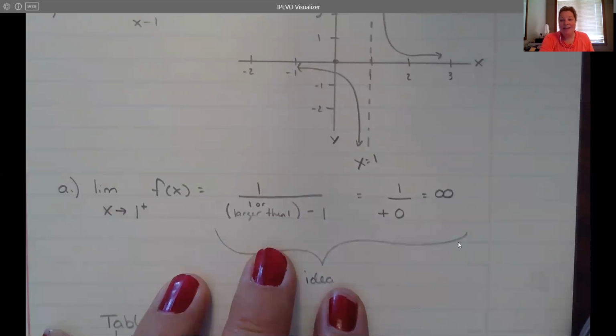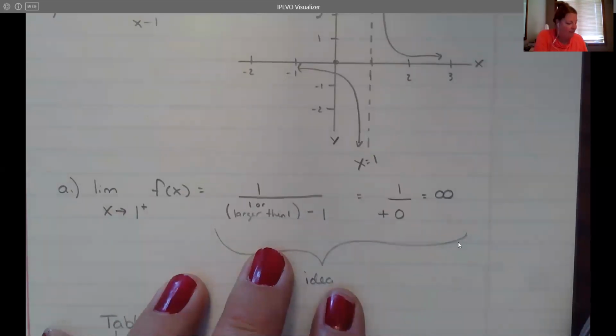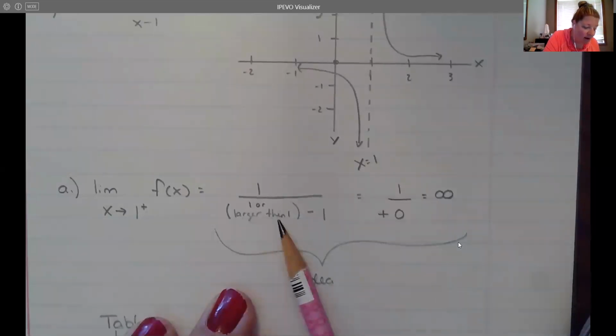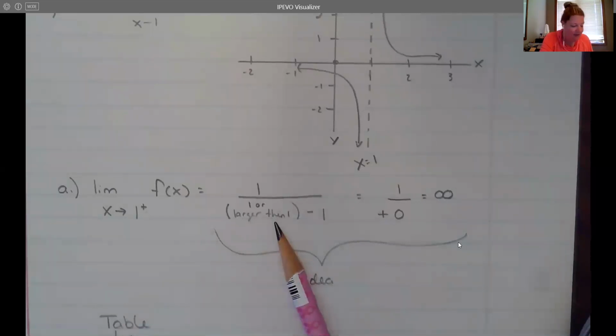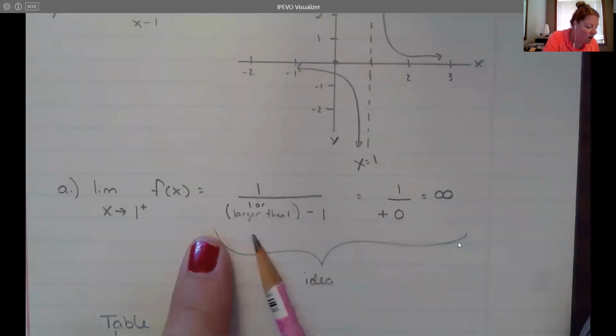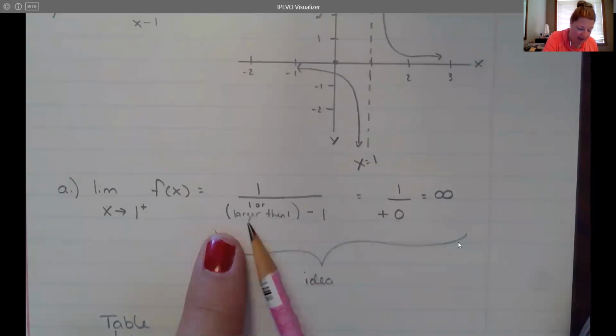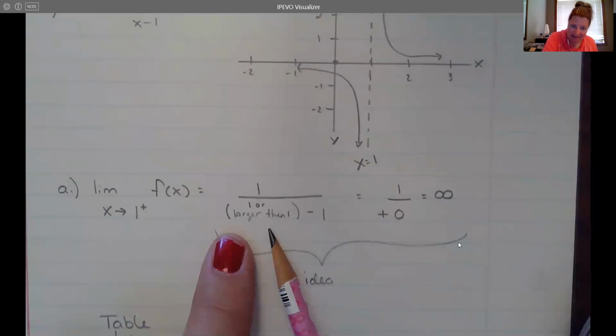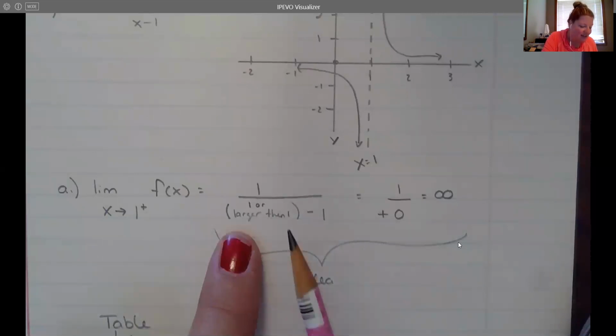And we know that in most cases, that means undefined. But let's think about this. We're looking at the number 1 or larger than 1 because we're on the right side. So it'd be smaller if we were on the left. If those numbers are larger than 1 and we minus 1, then they would be positive. So I'm thinking of this as a positive 0.